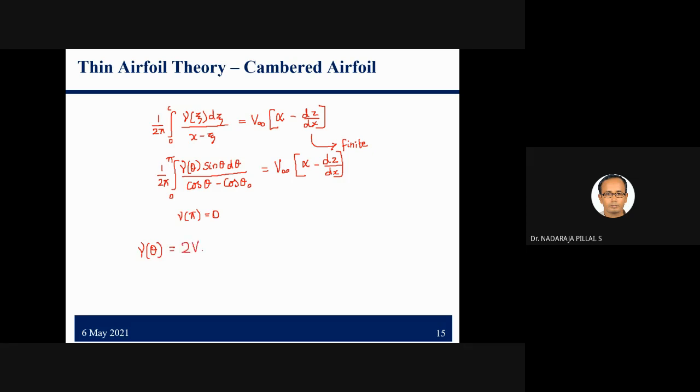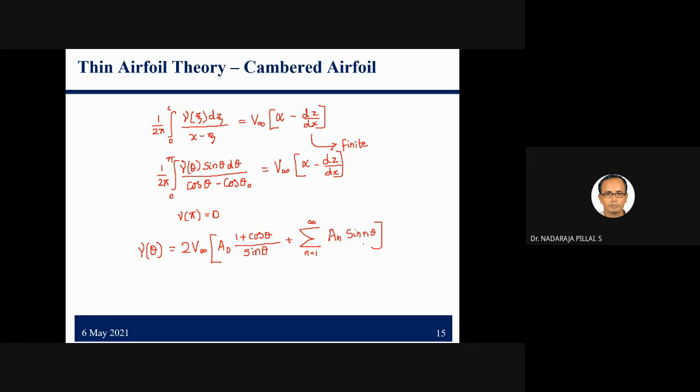So gamma of theta is 2 V infinity times A naught into 1 plus cos theta divided by sin theta, plus the sum for n equal to 1 to infinity of An sin n theta, right?